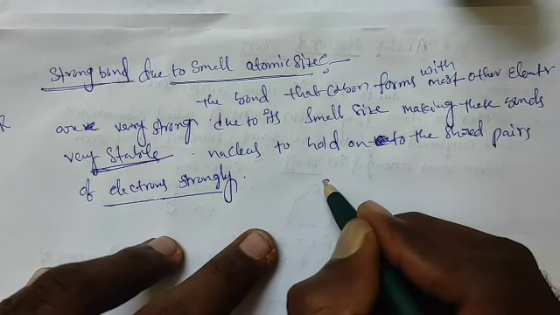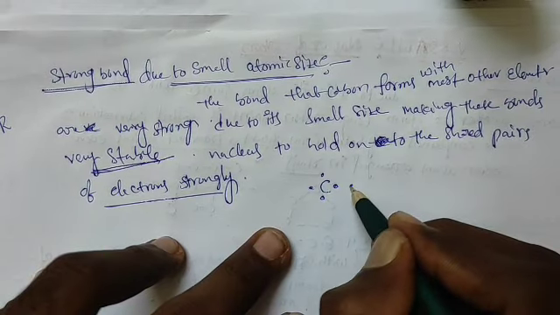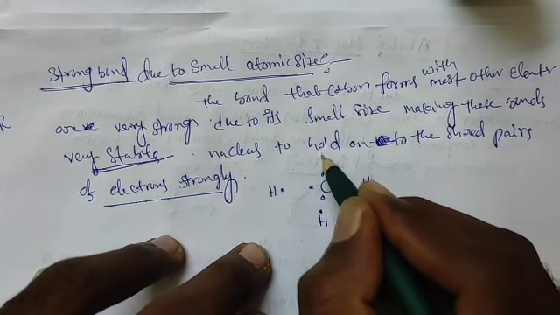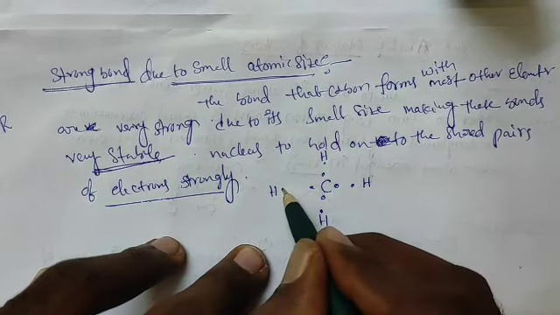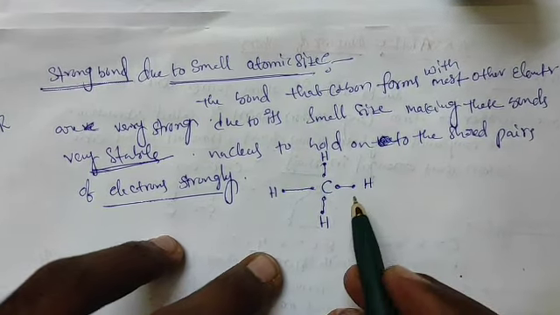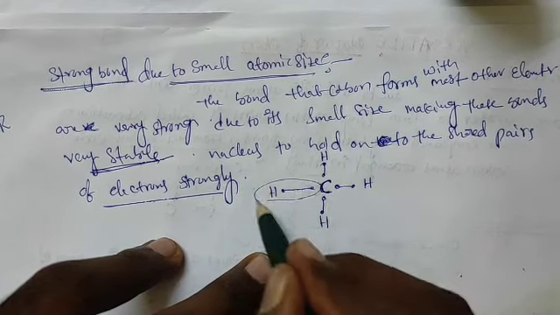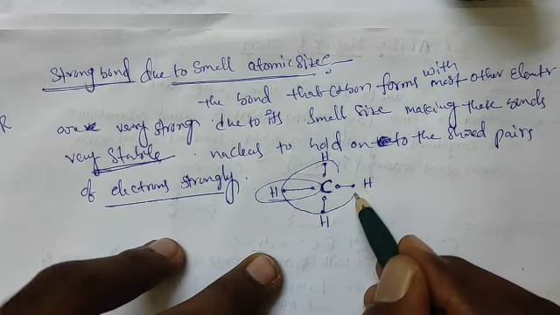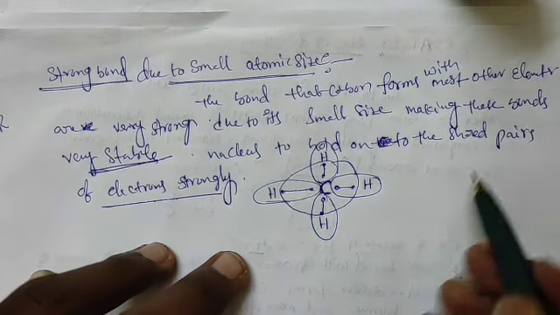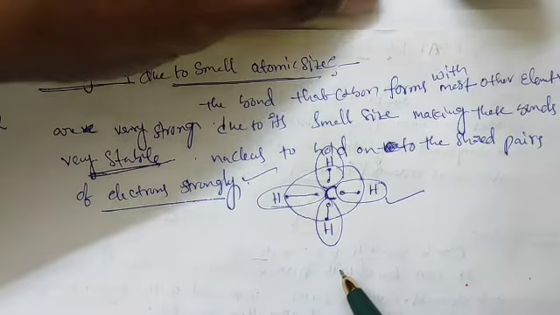For example, a carbon atom has 4 valence electrons. There are 4 hydrogens, and each hydrogen has one electron in its valence shell. The shared pair of electrons like this pair will be shared, and since the carbon atom is small, that bond will be very strong. These 4 bonds will be very strong. The shared pairs of electrons are strongly bonded. That is the meaning of this.